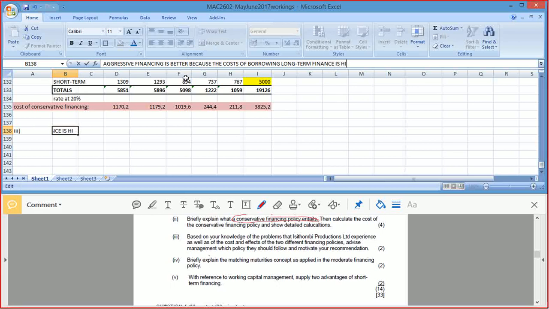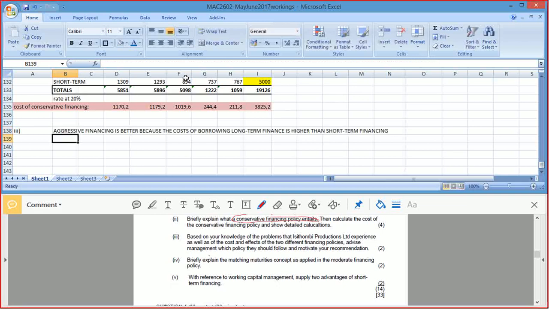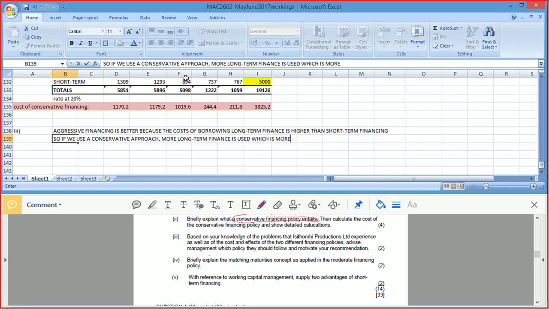Long term finance is higher than short term. Okay, so if we use a conservative approach, more long term finance is used, which is more expensive.